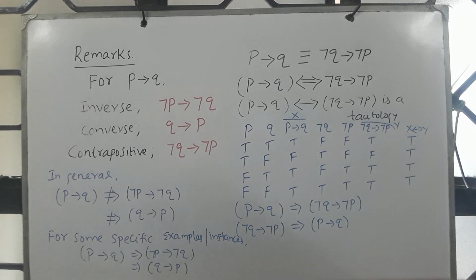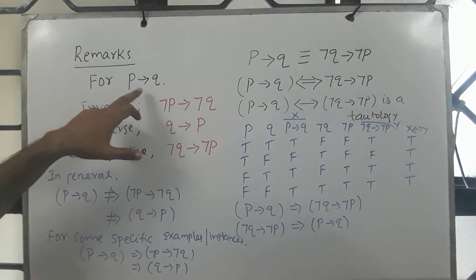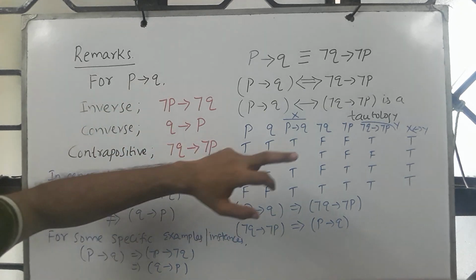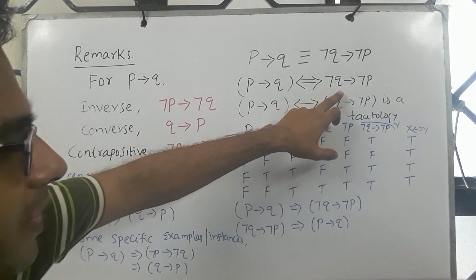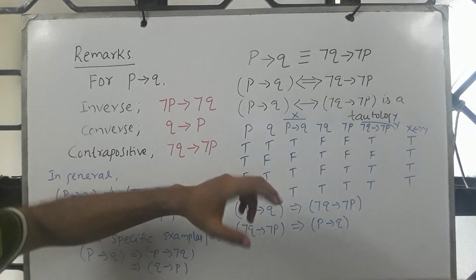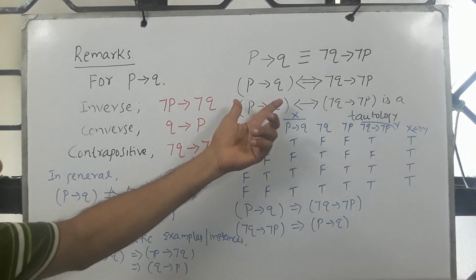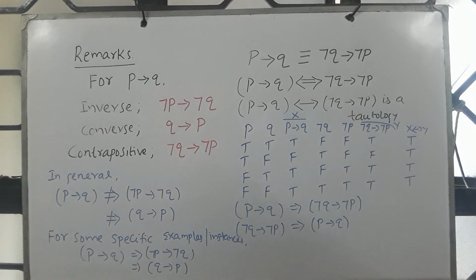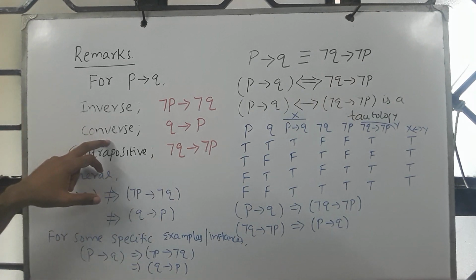I mean, when we say P imply Q, and this implies negation Q imply negation P, which means in a context, if P imply Q appears, you can replace that with negation Q imply negation P. Can I do that for inverse and converse?